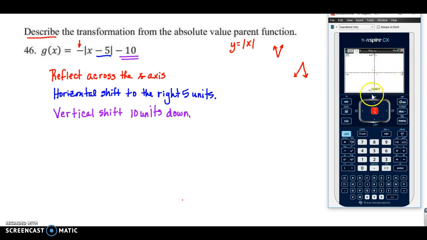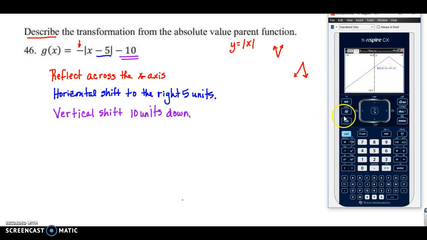But notice we're only at -6 here. So sometimes the faster thing to do is a zoom fit, because a lot of times it will fit it in so that we can see it, and see that it goes down like we expected it to.